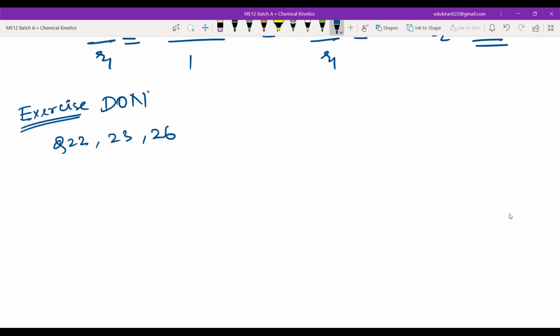Don't do these. These are not in your syllabus. 27, 28, 29, 30. Let me see some other questions from before 22. Thermal decomposition, rate of reaction is fine.